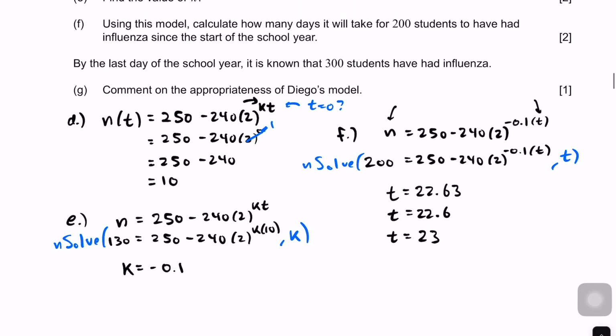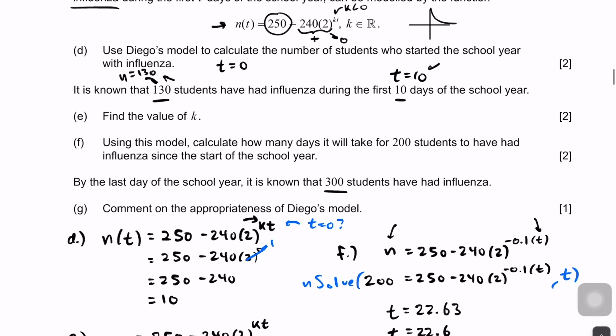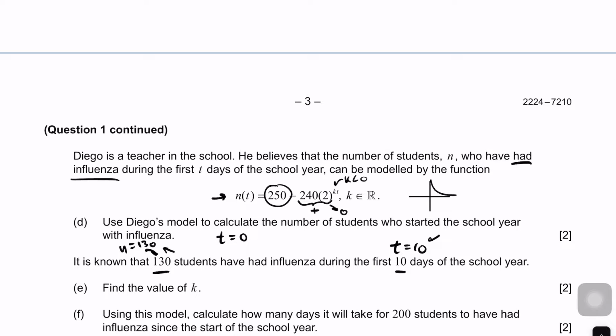So this question, where it says, by the last day of school, it is known that 300 students have had influenza, this model doesn't go up to 300. It will only go to 250. So in this case, this is the value that we're taking away from. This is what the model might look like. It might have some kind of asymptote.